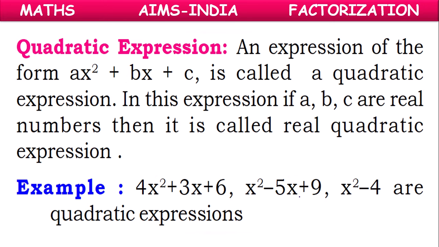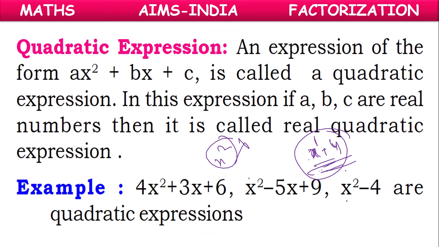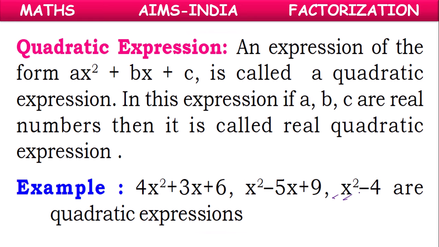But if there is no x square term, suppose we have only x plus 4, the x square term is missing. The highest power of the expression is 1, which is not quadratic. So the x square term compulsorily should be there. Then only it is called a quadratic expression.